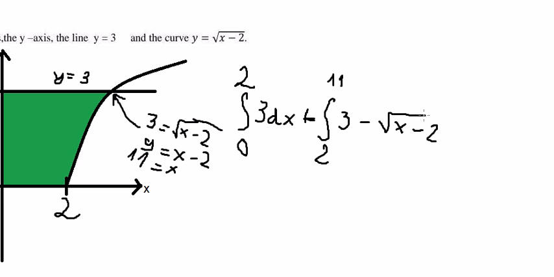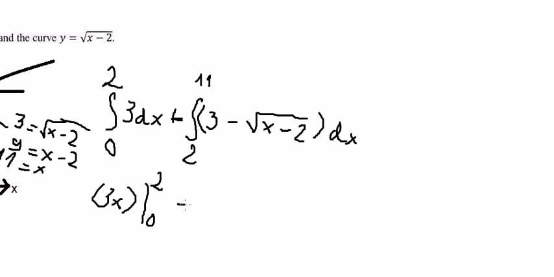That's why you get 3 minus the square root, and we have dx. So this one you get 3x, and we have the bounds from 0 to 2.